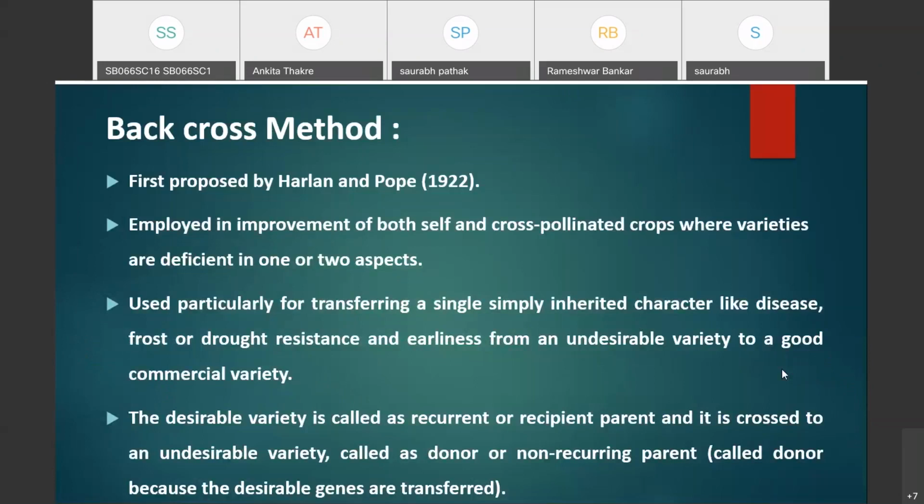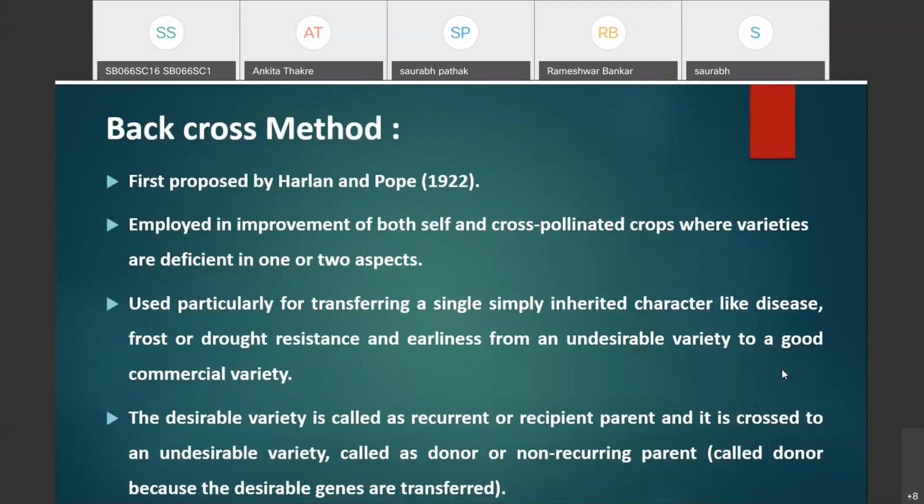For example, there is a variety which is good in all characters, but it is not disease resistant; it is susceptible to different diseases. That variety is the desirable or commercial variety, the recurrent or recipient variety.